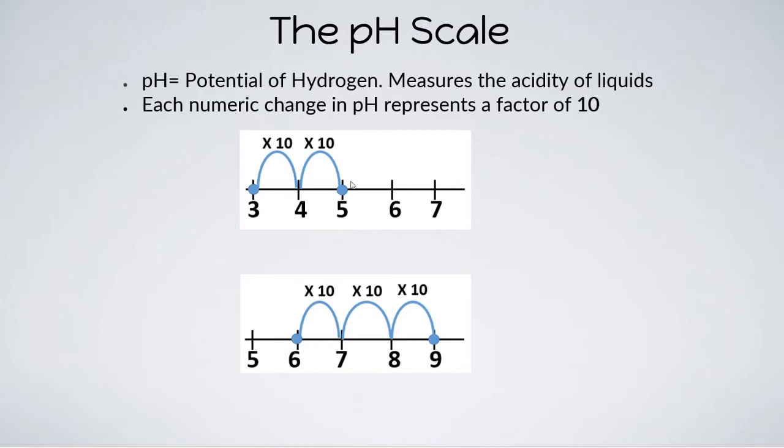As we go down, we're making it more acidic, increasing the hydrogen ions by a factor of 10 each time we go down one. In the bases, if we go up, we're increasing the hydroxide ions by 10 times. And you can also think of it as decreasing the hydrogen ions by a factor of 10, okay?